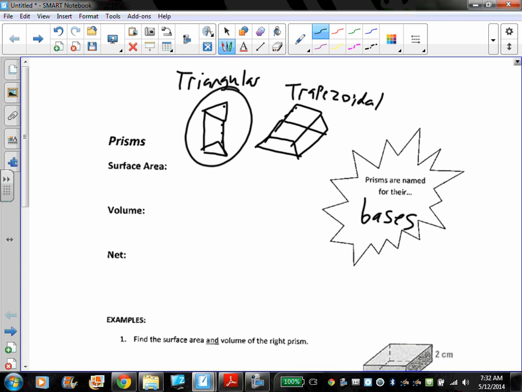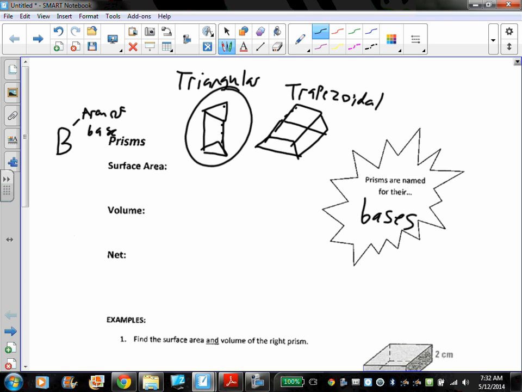Now, to find the surface area, which again is all of the outside parts of the shape, the areas of them added together, we are going to use a little bit of new terminology and variables. If you ever see a capital B, that's going to stand for area of the base.